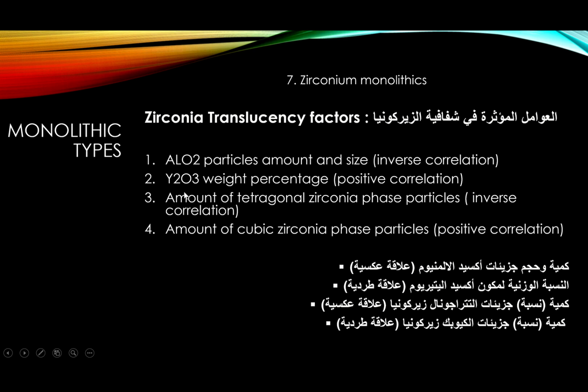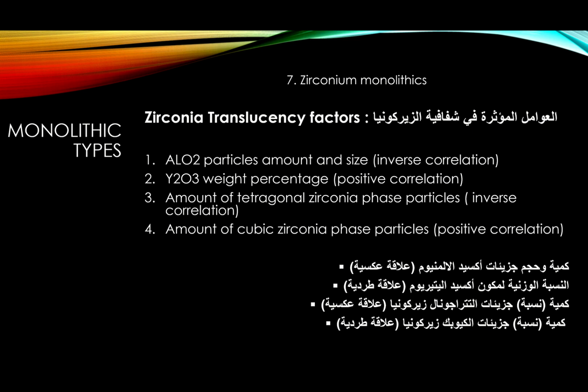All right, and then let's now move to the translucency factors. We talked about the strength factors. Now we're going to talk about translucency factors. As far as I studied and read throughout studies and scientific papers, and this is all that I can collect from different sources, I came up with this slide. Zirconia translucency factors, as far as I could gather, are 4.